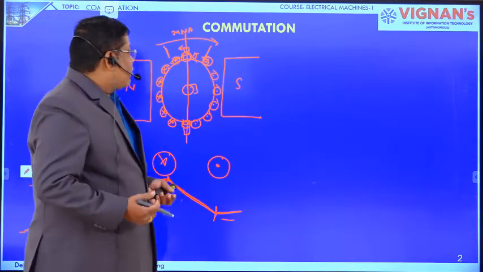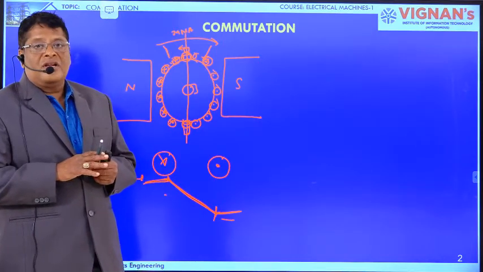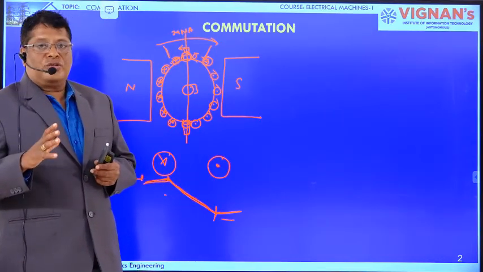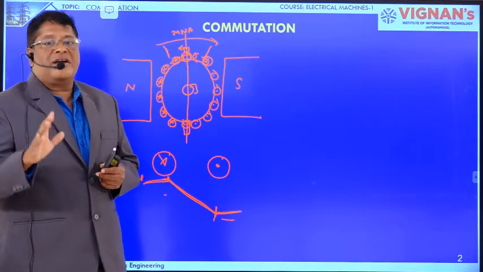Now we are going to define commutation. Commutation is nothing but the changing of current through the coil when it is short circuited by the brushes.